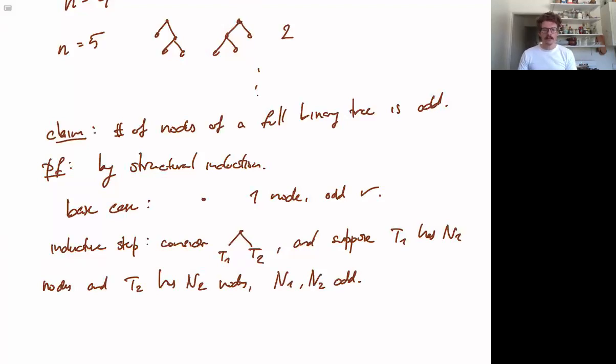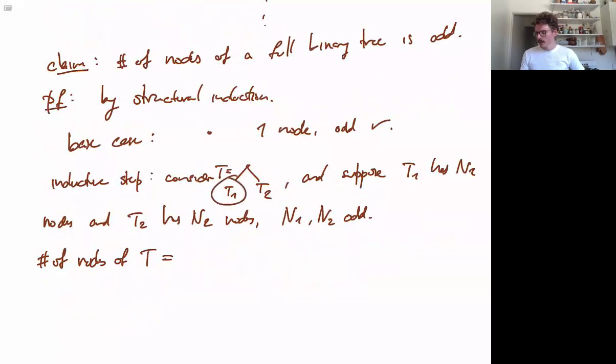So this is our setup for an inductive step. This is our inductive hypothesis. Then let's call this T again. The number of nodes of T is the number in T1 plus the number in T2 plus this one extra we added. So it's N1 plus N2 plus 1.